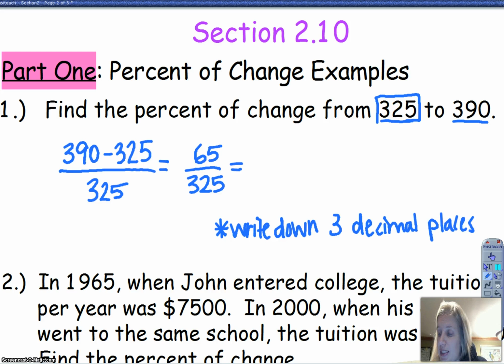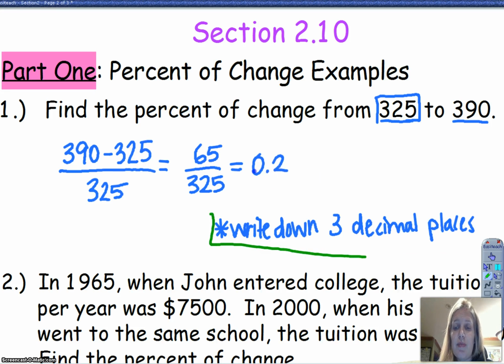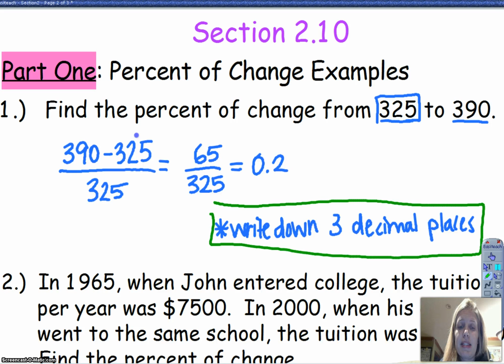So let's say 65 divided by 325. Now this one only happens to have 0.2. And I wrote this little key for you, and hopefully we'll get to a problem that explains this a little bit better. Now, this is the decimal version, this 0.2. We need to make it a percent, so you move it 2 places to the right, and this means 20%.